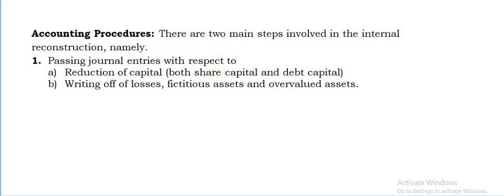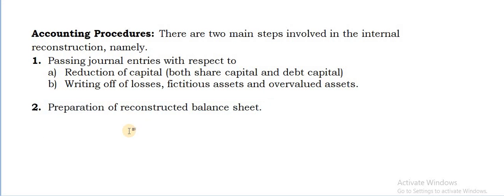Along with that, you need to prepare a reconstructed balance sheet. That is, after the reconstruction process is completed, you need to prepare a new balance sheet in the vertical format as prescribed in the Companies Act of 2013.